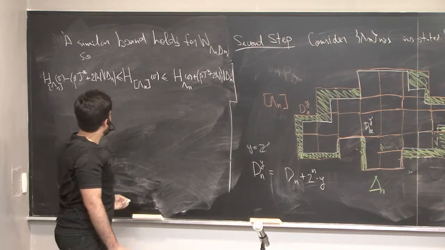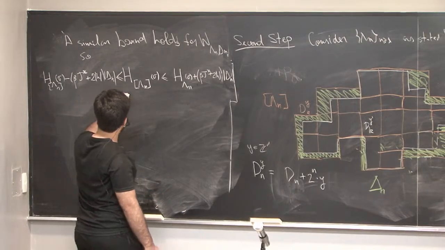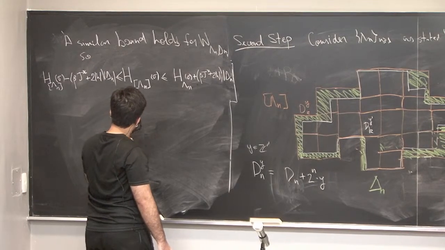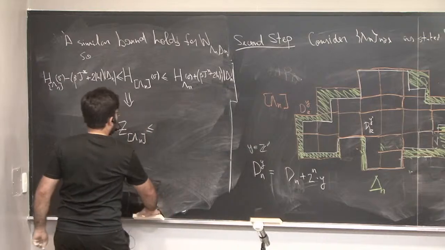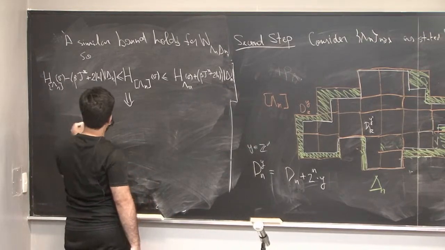You take the exponential and you sum over all the configurations. So you get here the partition function that will be less. I will do just the upper bound because the lower bound is similar.